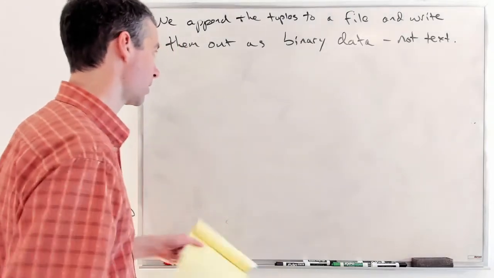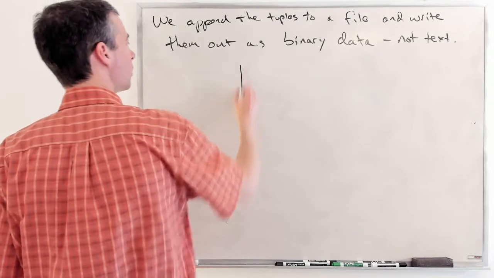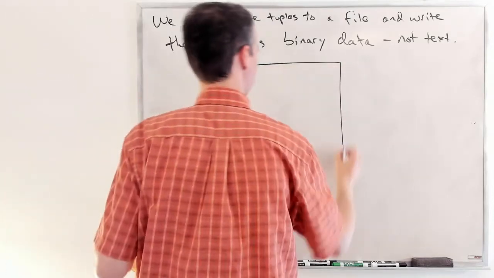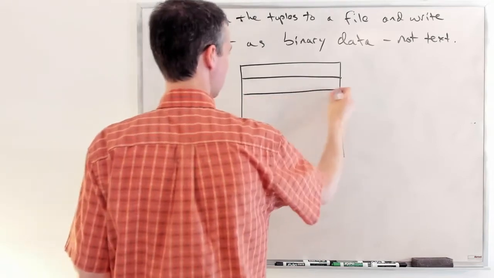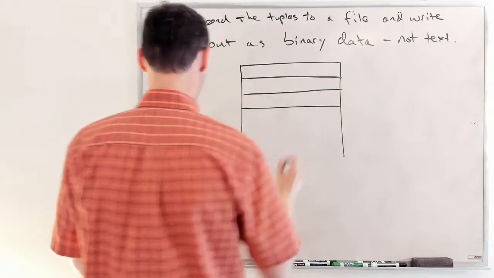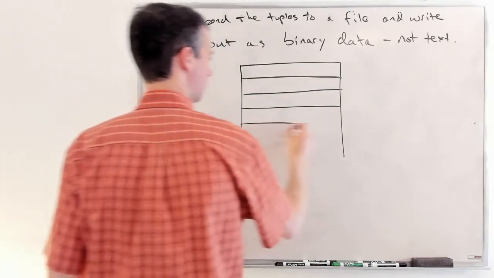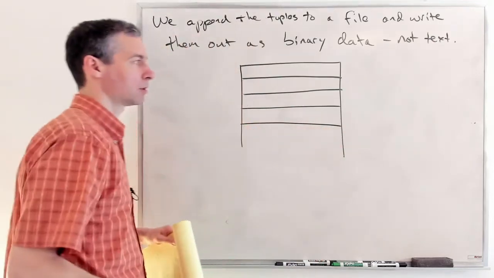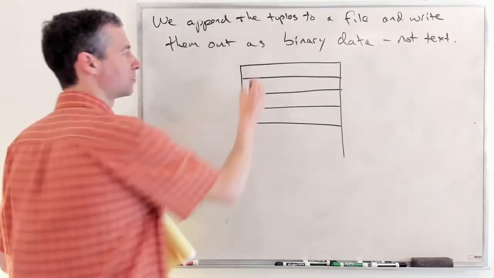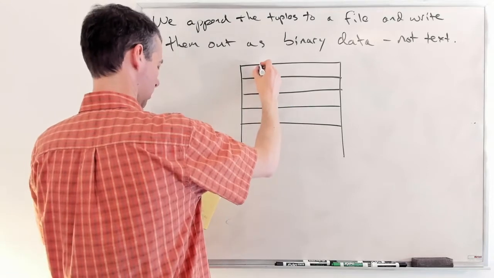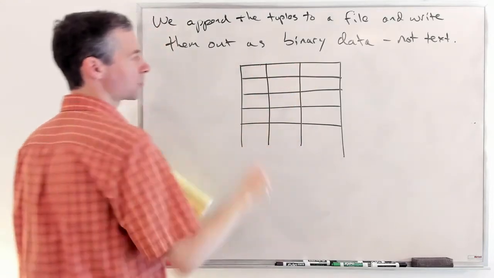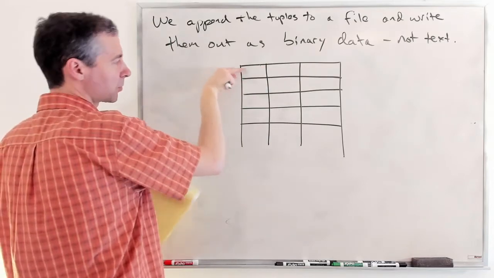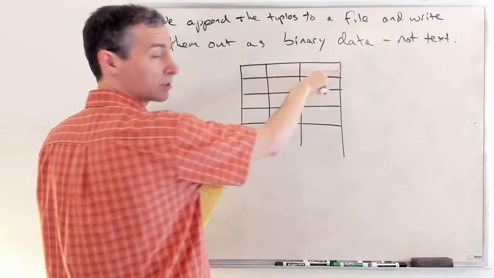So we have a file then, and it's going to look something like this. Now, I will tell you that the file actually is one long linear sequence of bytes. We can portray it in this fashion and not feel bad about what we're doing, because we know that actually what we're going to do is read across, and when we get to the end, it's just like reading the page.